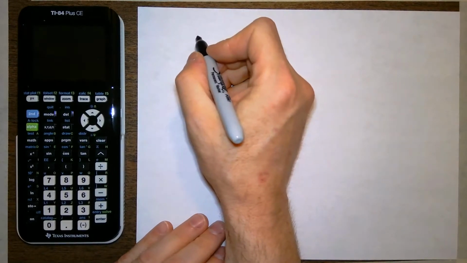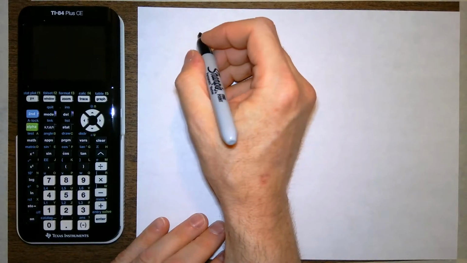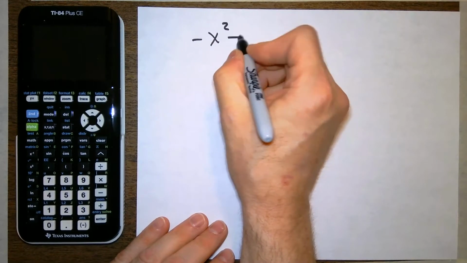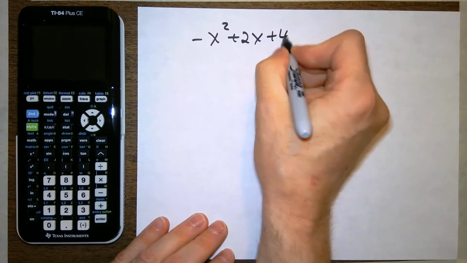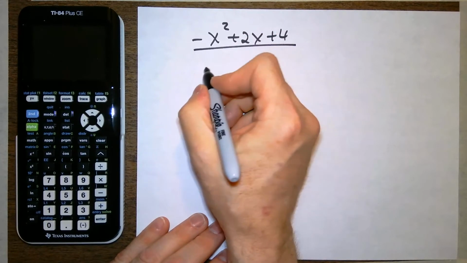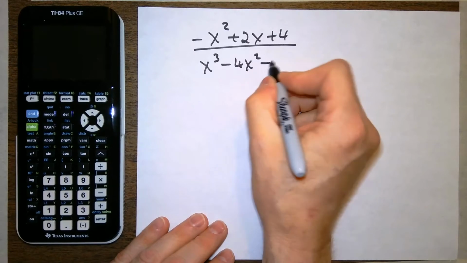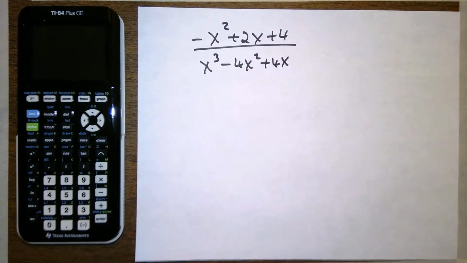I want to find the partial fraction decomposition of negative x squared plus 2x plus 4 over x cubed minus 4x squared plus 4x.